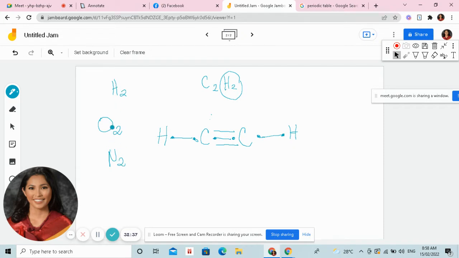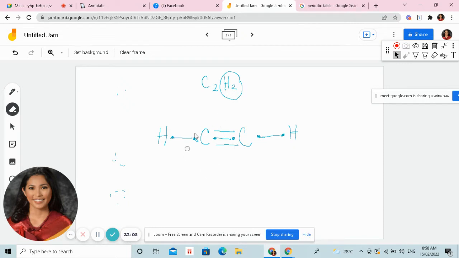They are diatomic: oxygen, oxygen, N2. Now, we call this process catenation: when carbon reacts with another carbon, that is catenation.